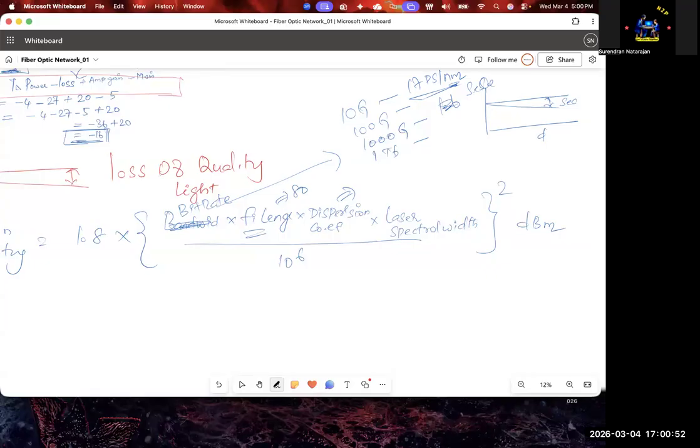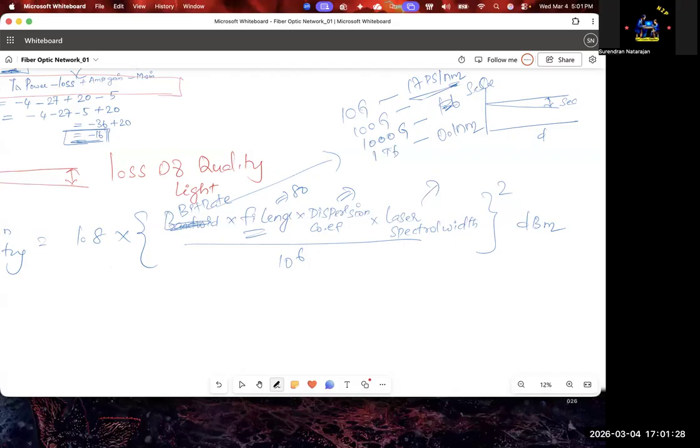So then later, the laser spectral value is given by the vendor. You can see it here, the sample value they have given: 0.1 nanometer. Laser spectral width.